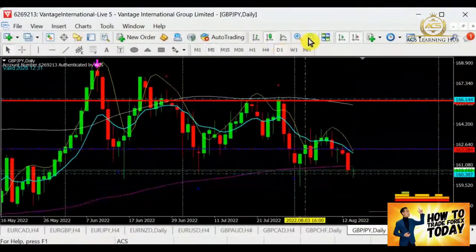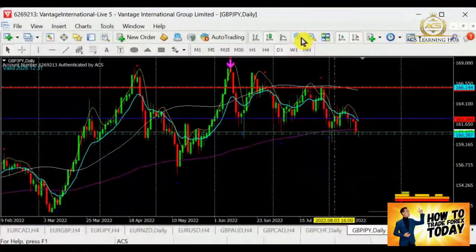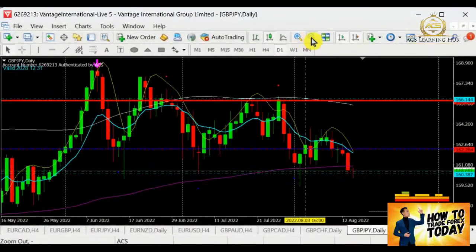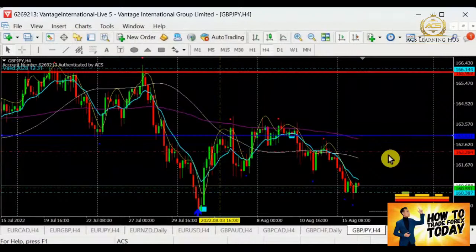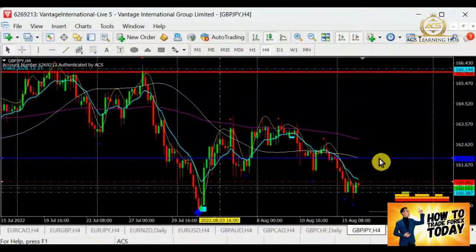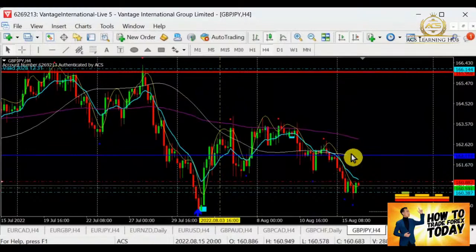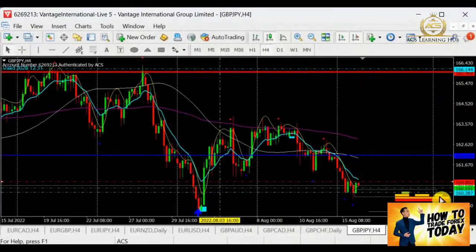And pound yen, let's take a look at pound yen. We are in the bear, and now we are going to test on the support very soon. Yes, we have tested the resistance at this point here.